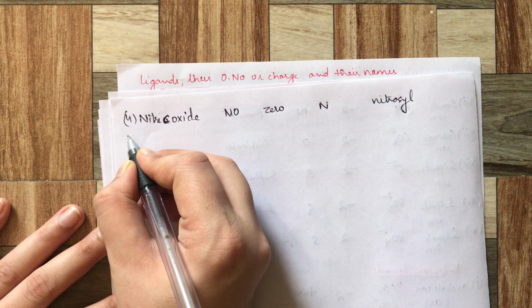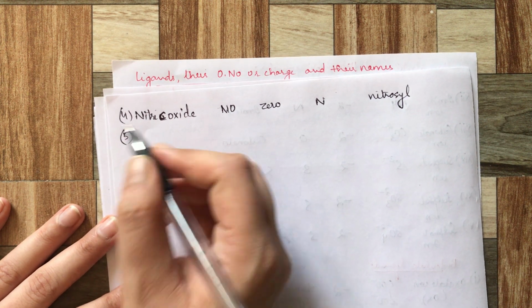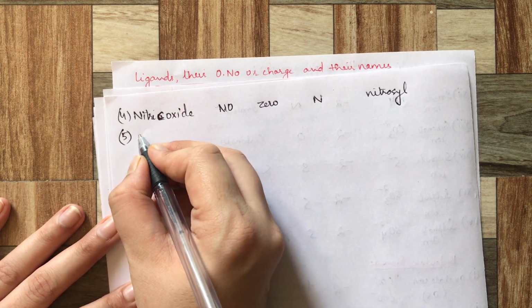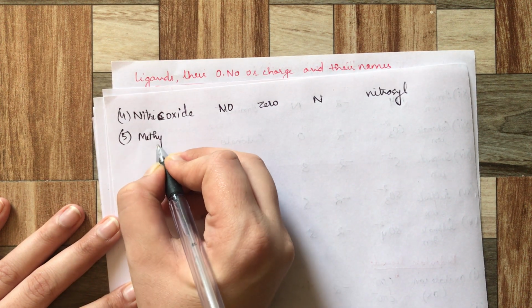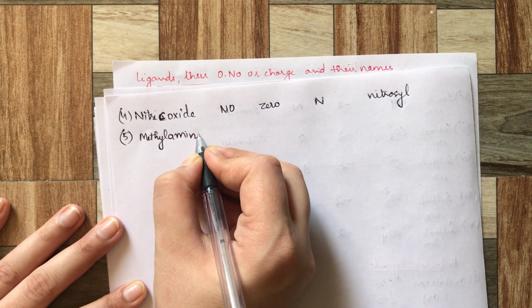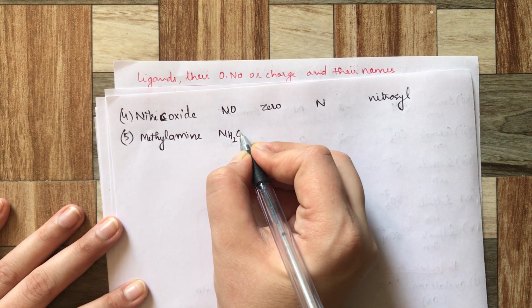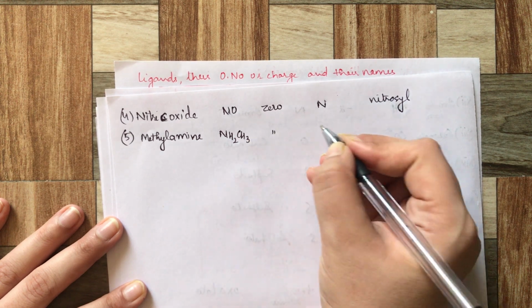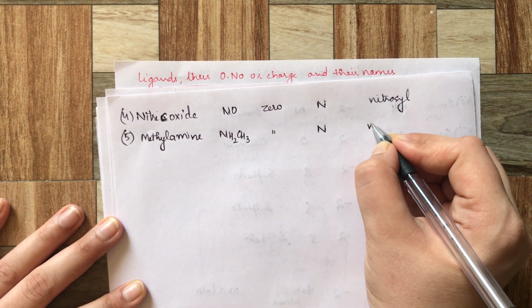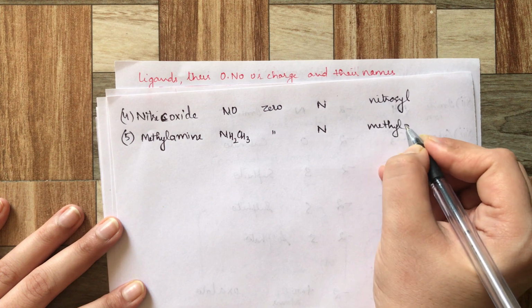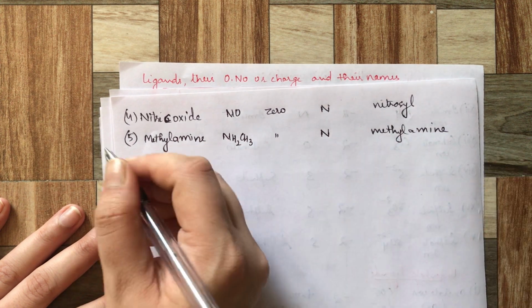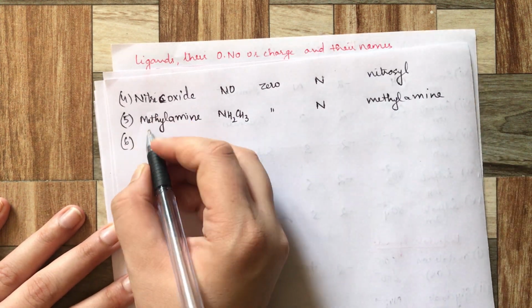Next is methylamine, which also has zero charge, donor atom is nitrogen, and it will be called methylamine only.